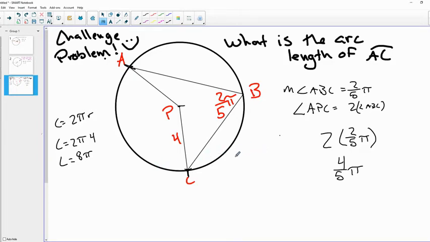So we can set up a ratio. We can set this up as arc length divided by our circumference is equal to the arc measure divided by the radians in a circle.